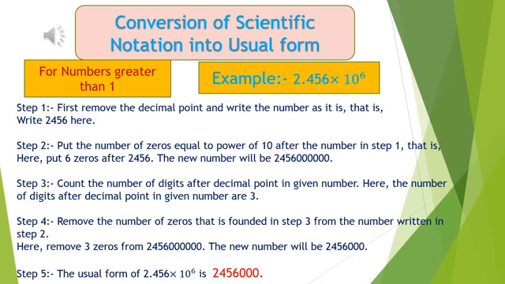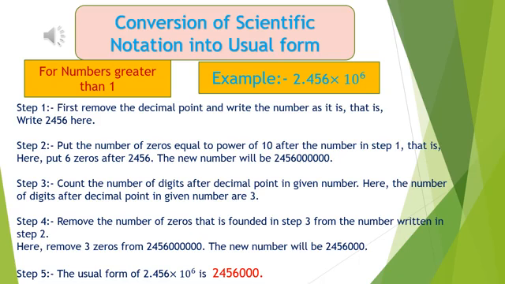Now step number 3. Count the number of digits after the decimal point in your given number. Your given number is 2.456, and how many digits are there after the decimal? 4, 5, 6. 3 digits are there. So step number 4 says to remove the number of zeros found in step 3 from the number written in step 2.